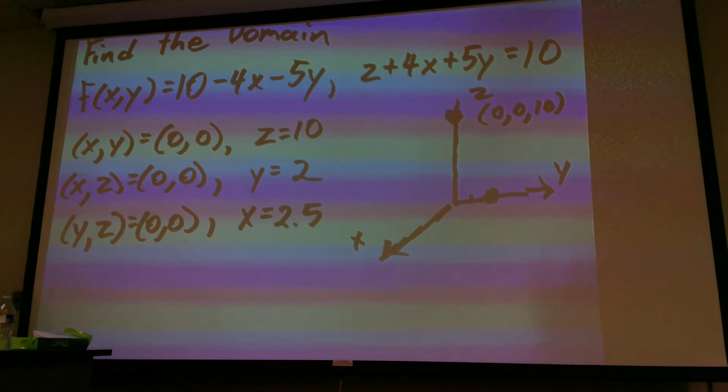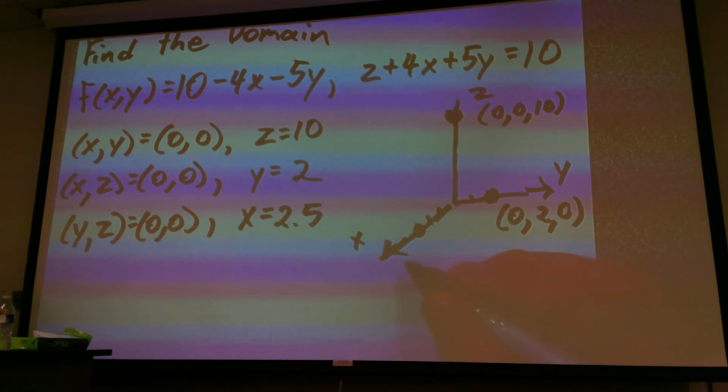This point is going to be 0, comma, 2, comma, 0. Okay? And now this one's going to go 1, 2, a little bit further, halfway. And this point is going to correspond to 2.5, comma, 0, comma, 0.